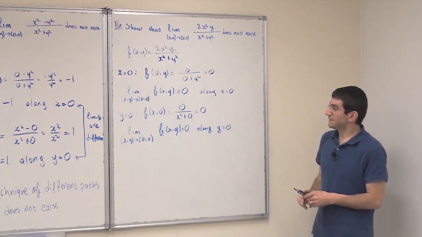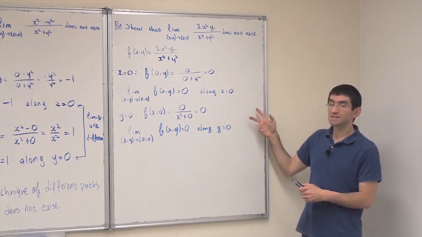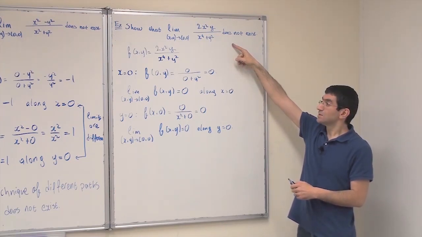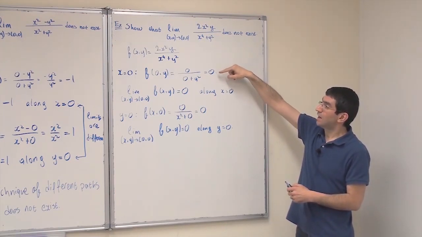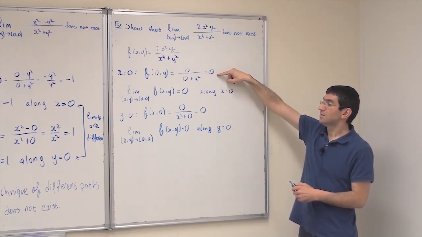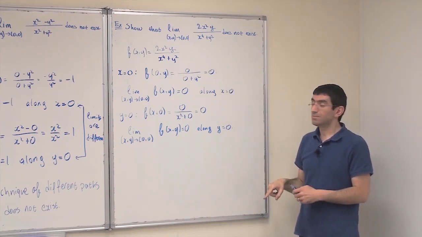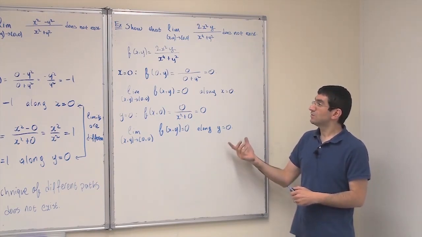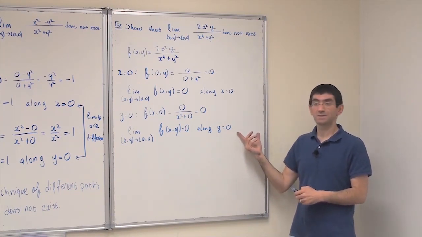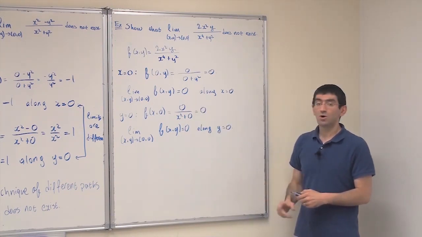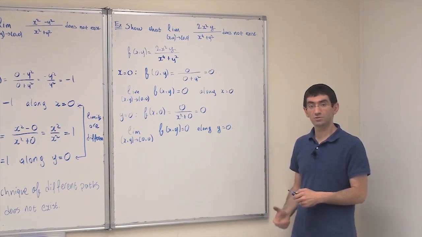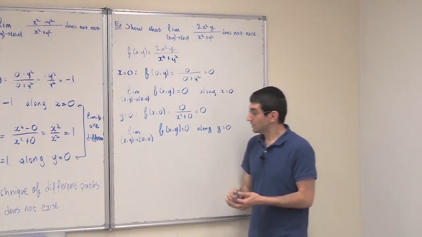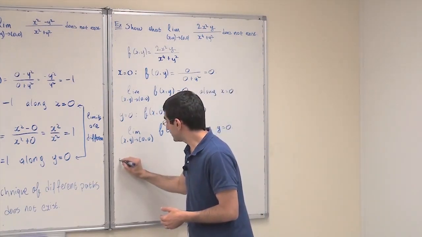So what does that mean? First of all, it doesn't mean that the limit of this function is equal to 0. So far, we have just tried two distinct paths which gave us the same limit. But there might still be a different path which will give us a limit which is different than 0. So all you have to do is continue to look for a path which is going to give you a limit different than 0.